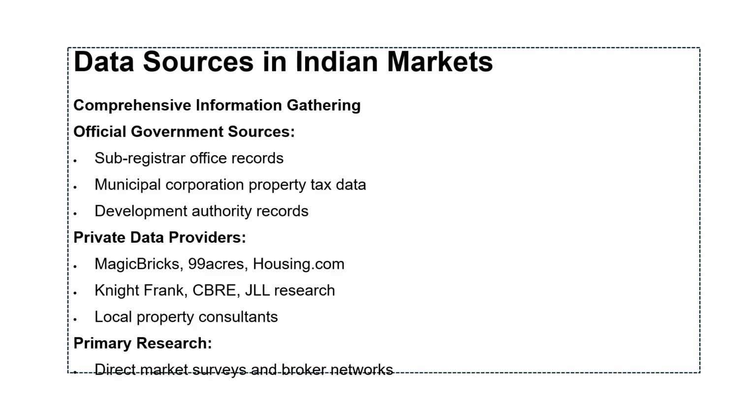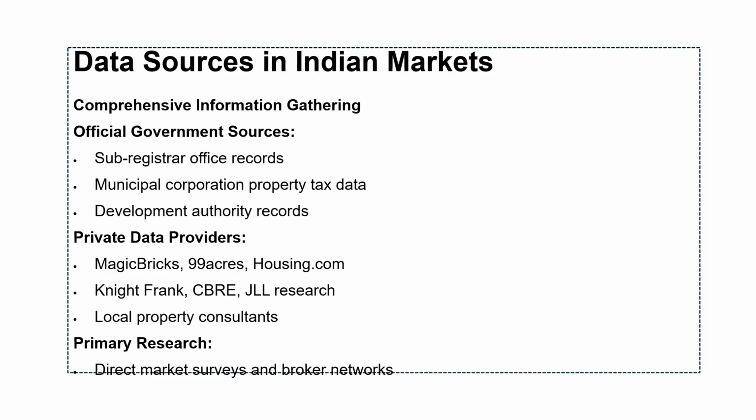So Magic Bricks, 99acres, Housing.com, these are your online portals. Knight Frank, CBRE, they are your international property consultants. And then we have local property consultants also. So they have specialized knowledge. So all these can provide you data regarding that.